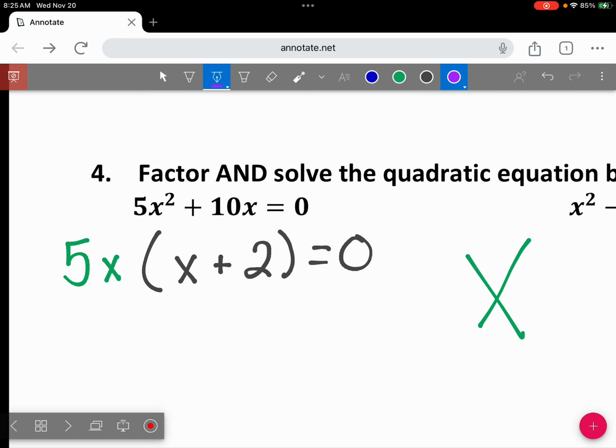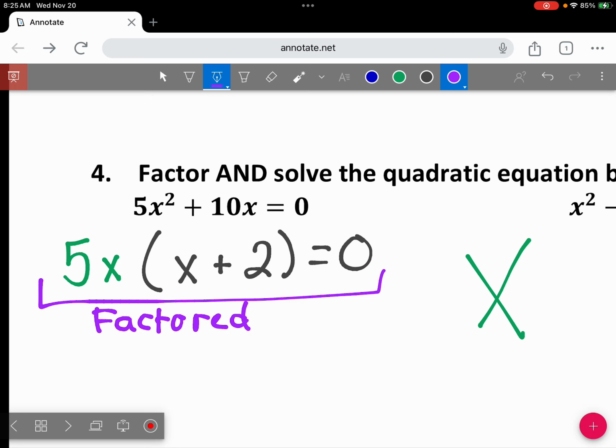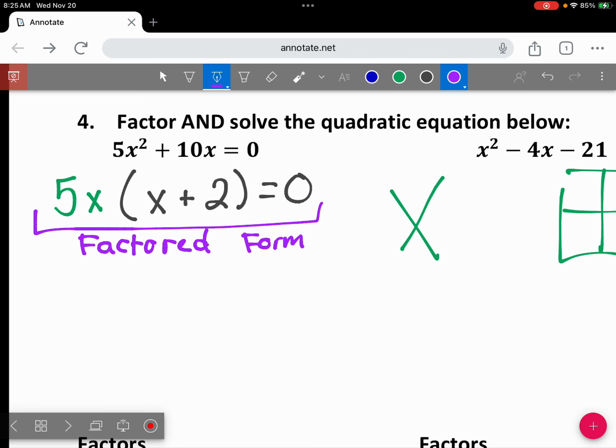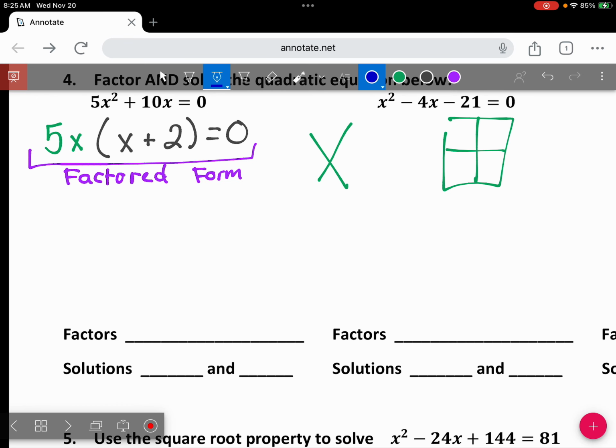This is our factored form. How do we get our solutions from factored form? How do I find solutions?